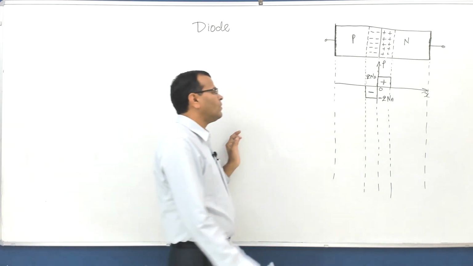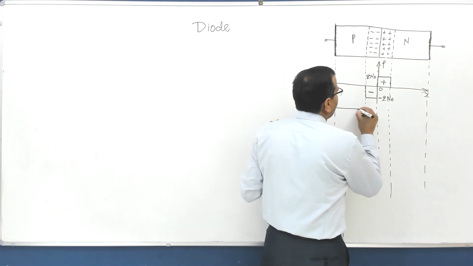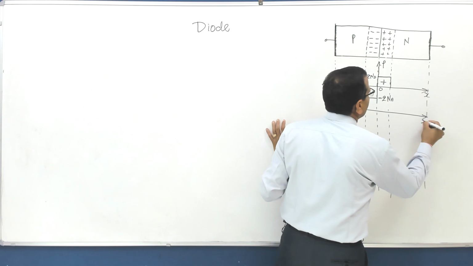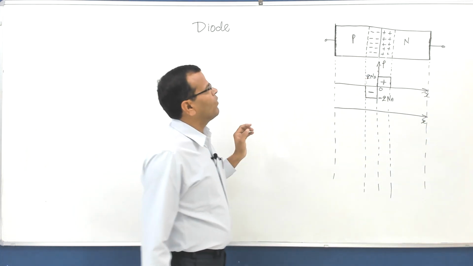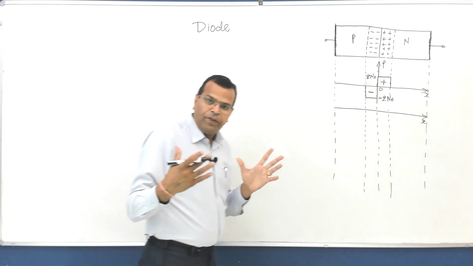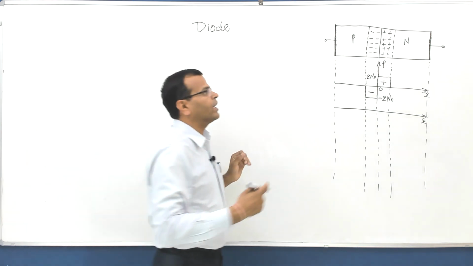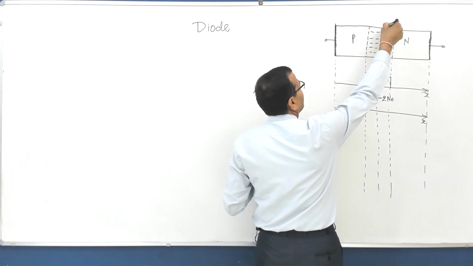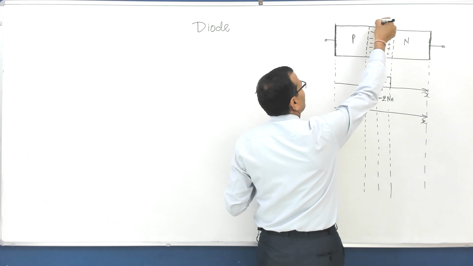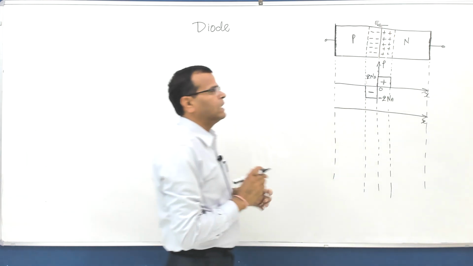Now we will see the variation of electric field in the junction area. And what is the direction? Electric field is always from positive charge to negative charge, so electric field inside the junction will be from this side to this side.